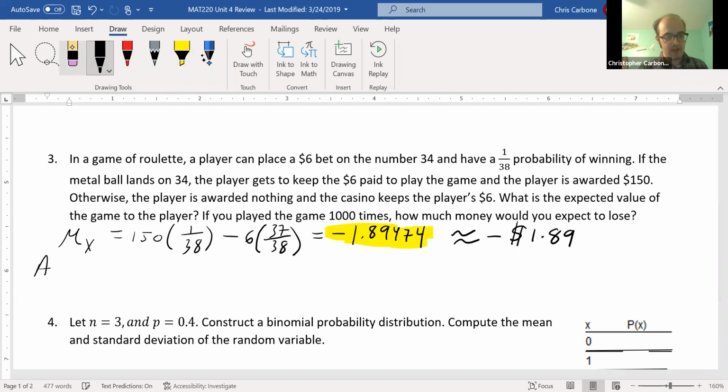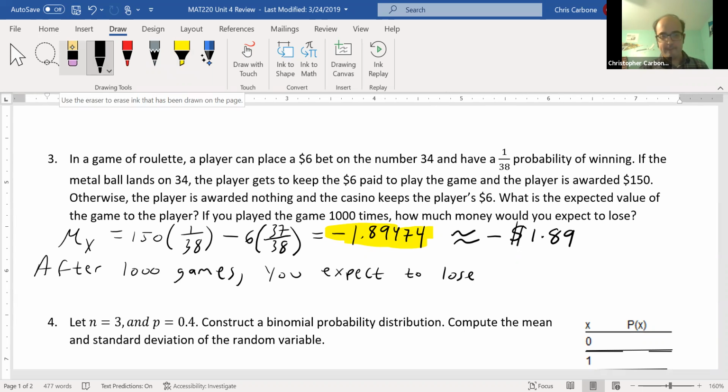So after 1,000 games, or 1,000 tries, you expect to lose this times 1,000, which will be $1,894.74.